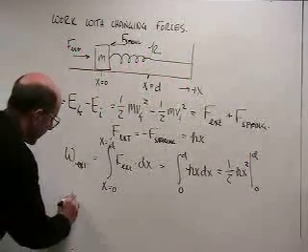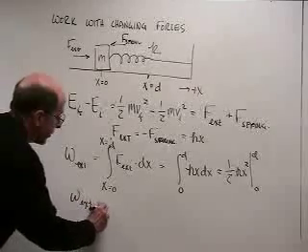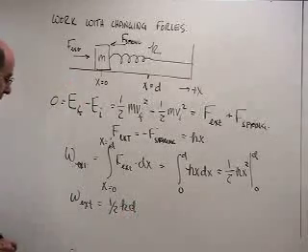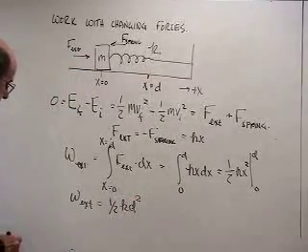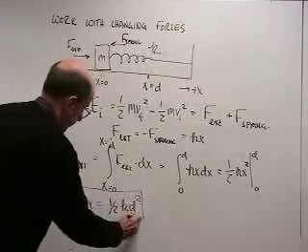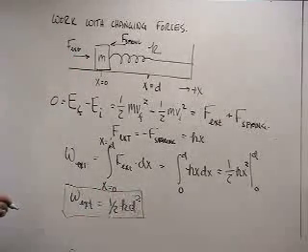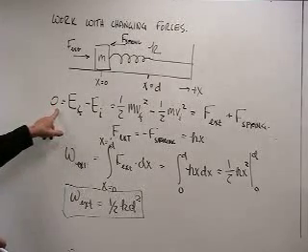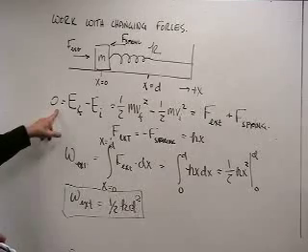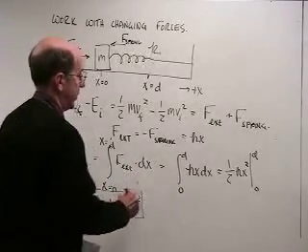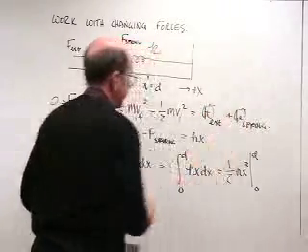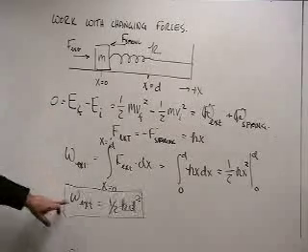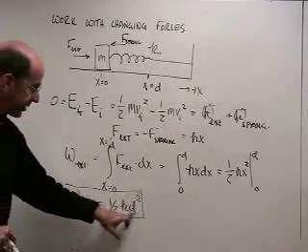And so the amount of work the external agent has to do is going to be equal to 1/2 k times the distance squared that I've compressed the spring. Okay? All right, now since the total work done on the system was equal to 0, the work done by the external agent is plus 1/2 kd squared.